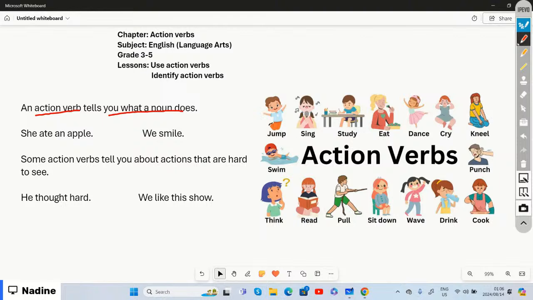If we look at an example, because we say an action verb tells us what the noun did, the noun can either be a person's name or we can use pronouns.